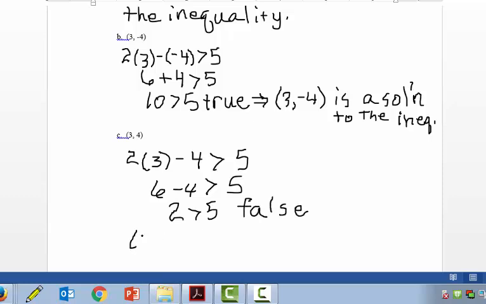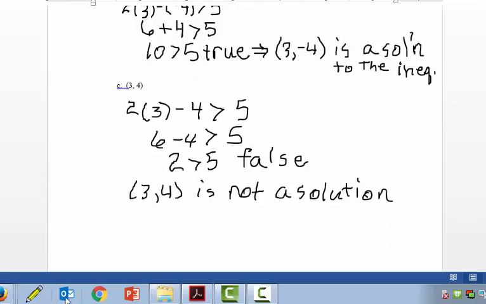So that allows me to conclude that (3, 4) is not a solution to the inequality.